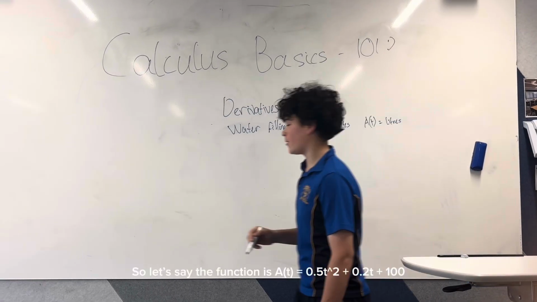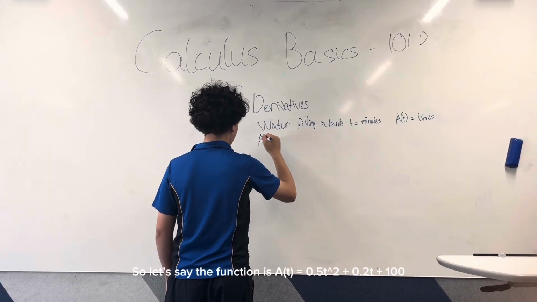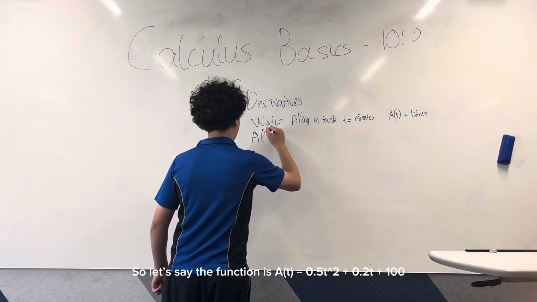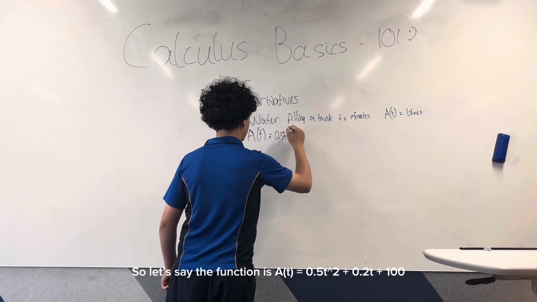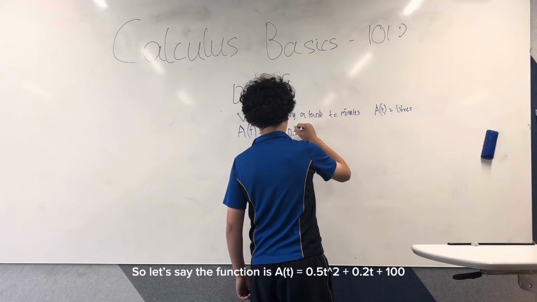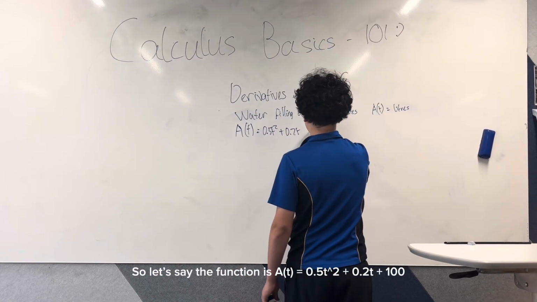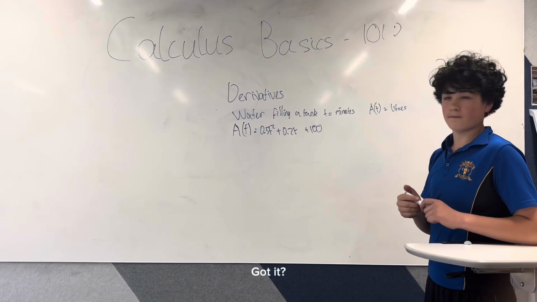So let's say A of T equals 0.5 t squared plus 0.2 t plus 100. Got it?